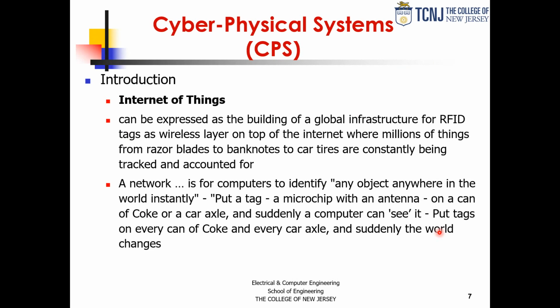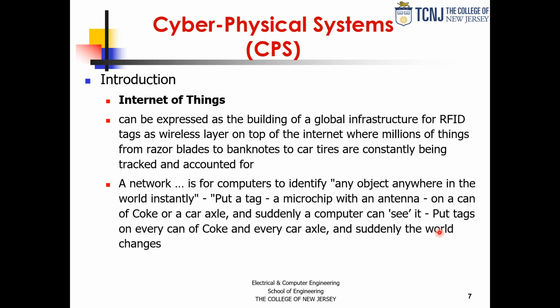So if we have this global infrastructure and we assume that eventually we can tag all these objects, things as simple as razor blades, car tires, and we can collect data.